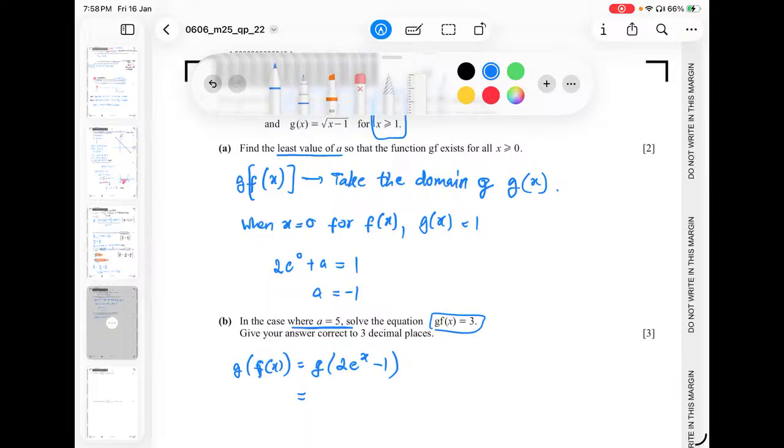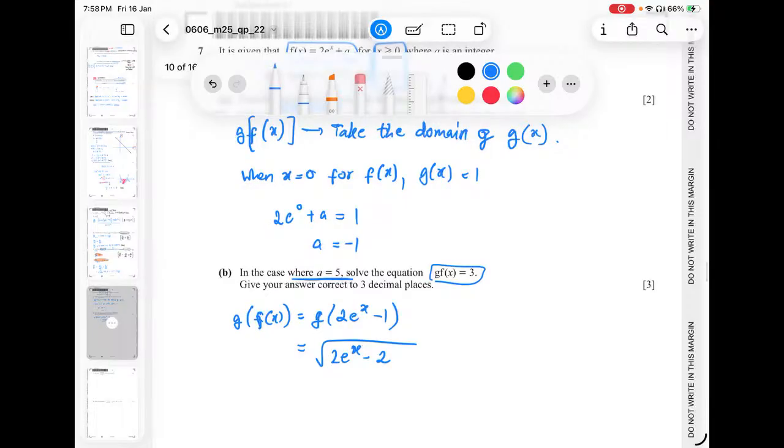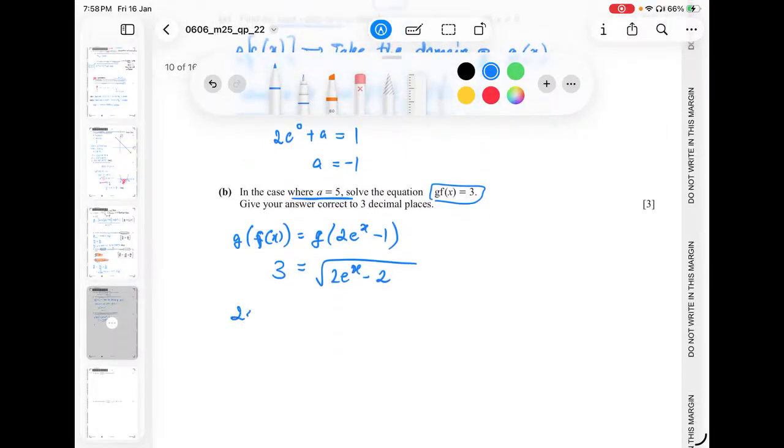Now basically you just write it in the square root form: 2e^x + a minus 1 gives you the square root, minus 2, and this is going to be equal to 3.